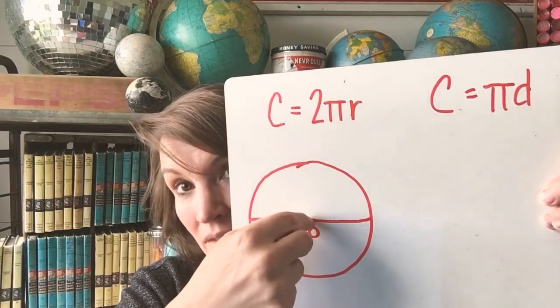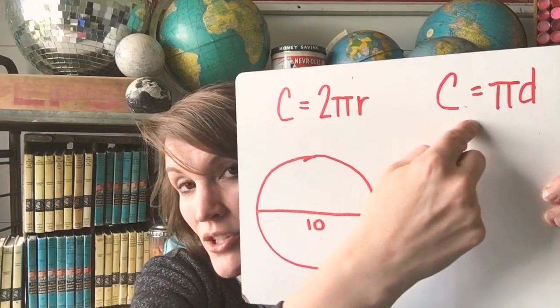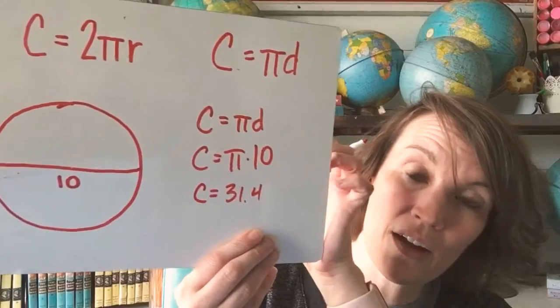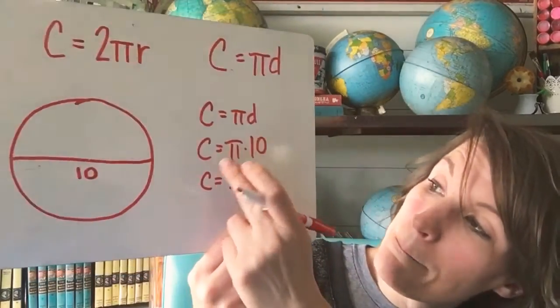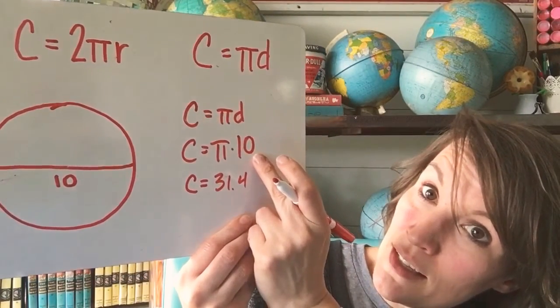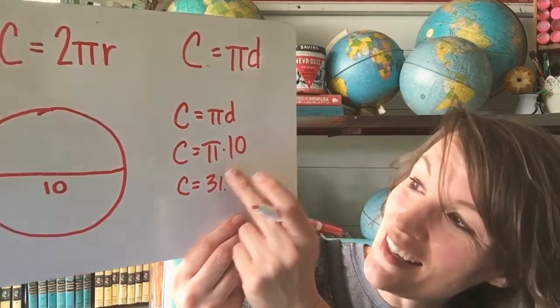Well, I have the diameter, so I'm going to use the circumference formula: circumference is equal to pi times diameter. Circumference is equal to pi times 10. So 3.14 times 10 is 31.4.